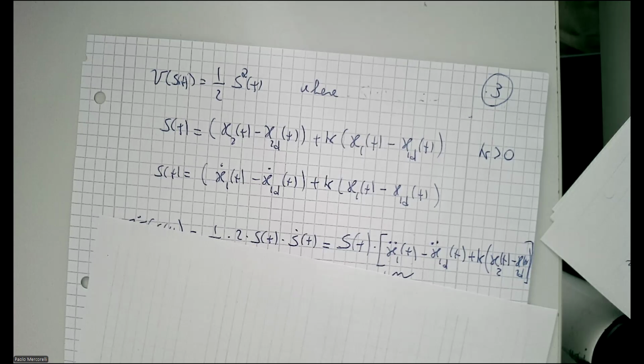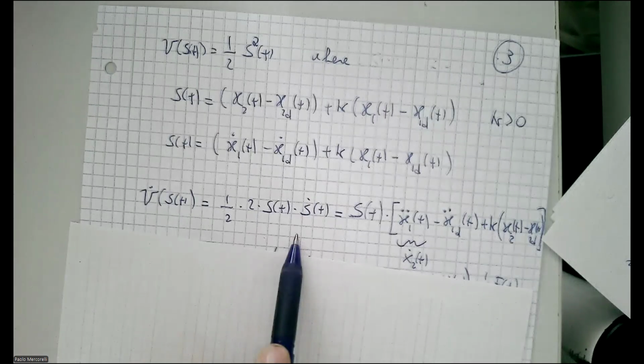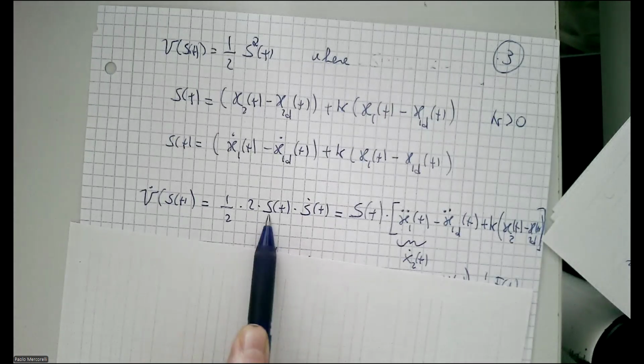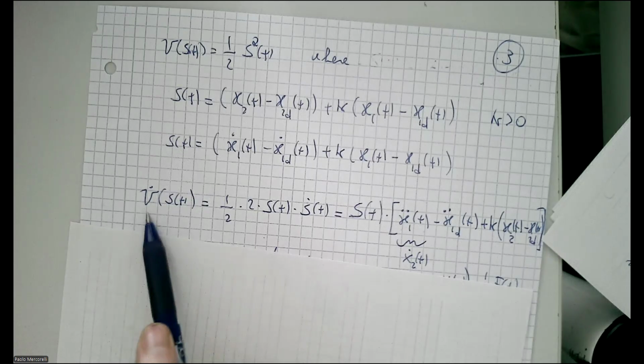I don't know if you have heard about the relative degree of a system. I show you practically. Derivative: we have seen it many times. For s equals 0, when we are on the surface, the derivative of v is equal to 0, as I told you.